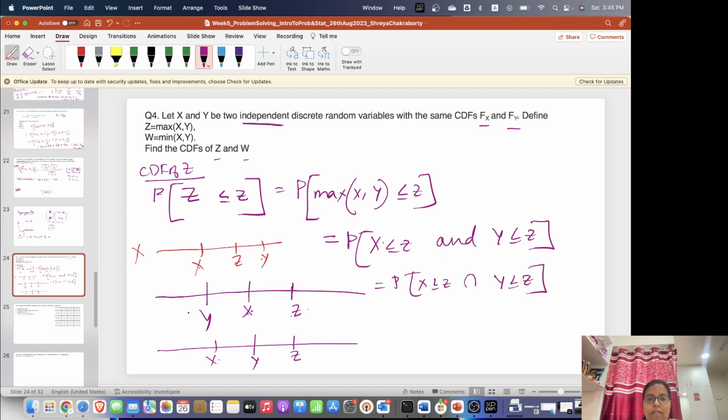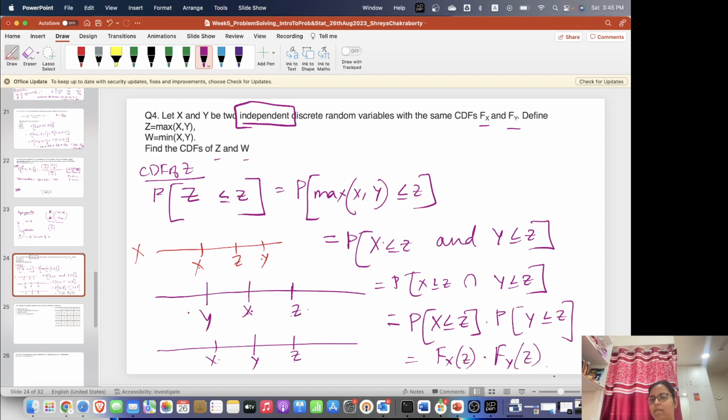Now given we have independent random variables, we can write this as the probability x less than or equal to z times the probability y less than or equal to z. So this will be capital F_X(z) times capital F_Y(z).